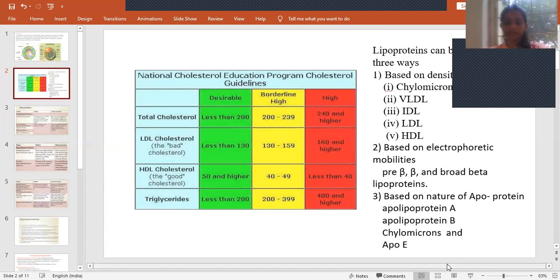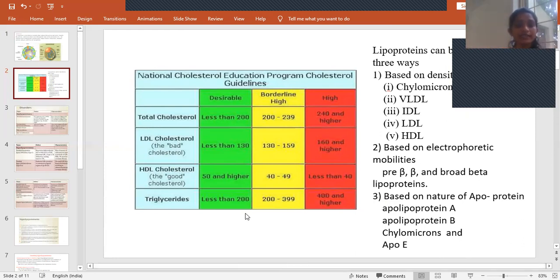Based on electrophoretic mobilities, they are classified into pre-beta, beta, and broad beta lipoproteins. And based on the nature of the apoprotein, they are classified into four types: apolipoprotein A, apolipoprotein B, chylomicrons, and apo-E. So this is how they are classified.